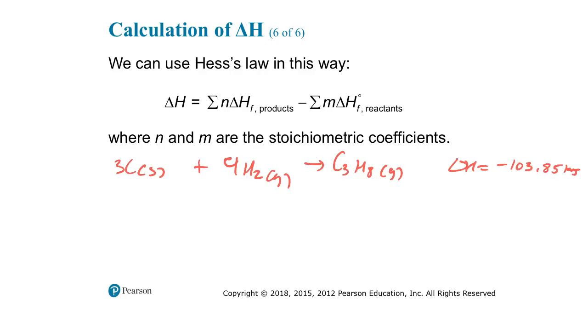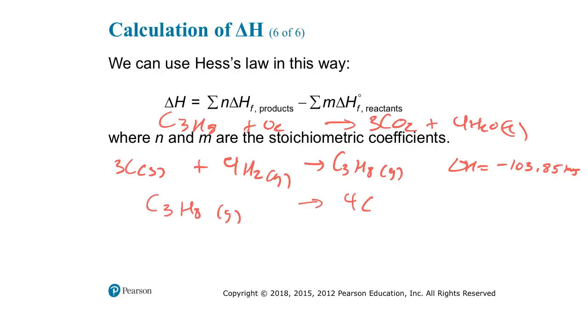Then we'd have to flip this. We want C3H8 plus O2 over here, and we want this CO2 over here, and we want the 4 waters as a liquid over here. So we'd have to flip this reaction: C3H8 gas going to 3 carbons plus 4H2 gas.